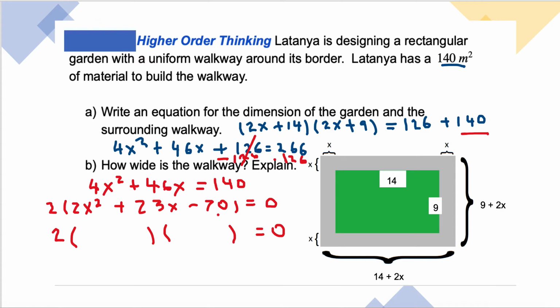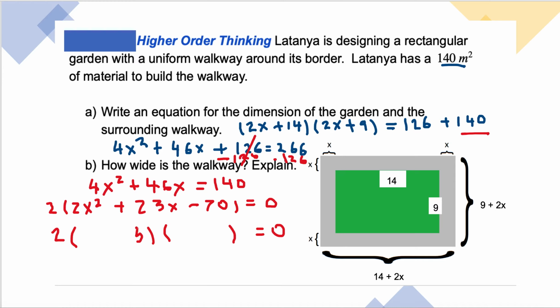First of all we need to find this 2 here. We can find it in many different ways, but for example 5 and 14 is the best.